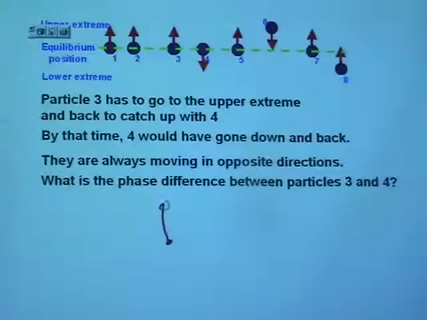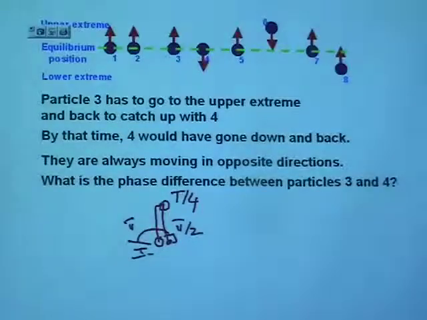Remember, when it is all the way up, the angle is pi by 2 and the time is T by 4. When the particle is back at the equilibrium position, the angle is pi and the time is half of the period. When the particle goes all the way down, the angle is 3 pi by 2, you see?